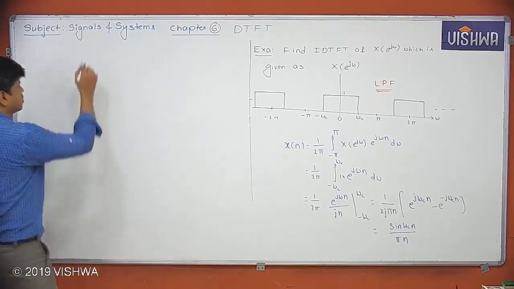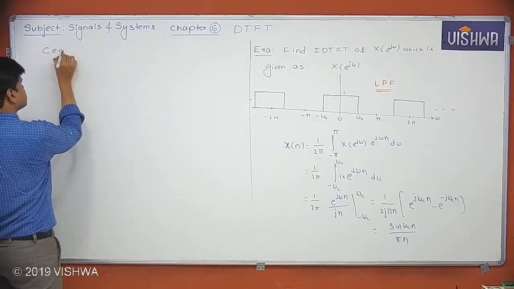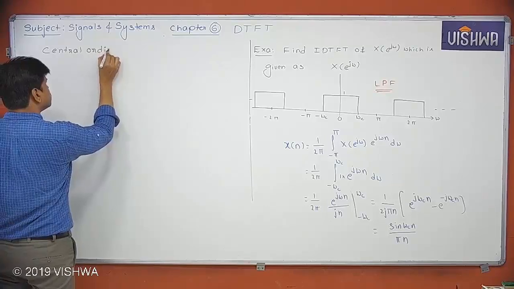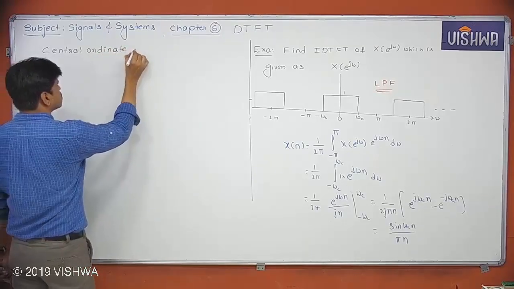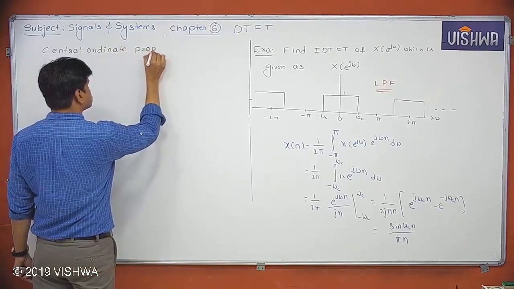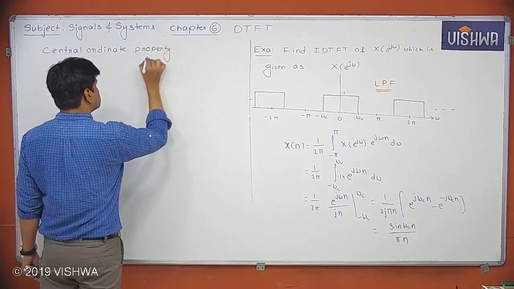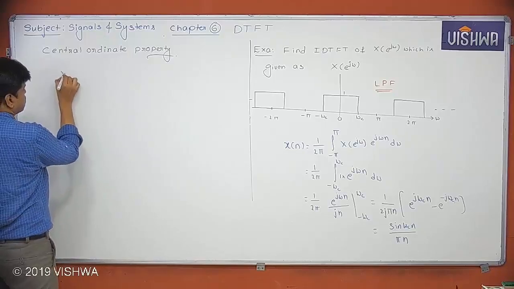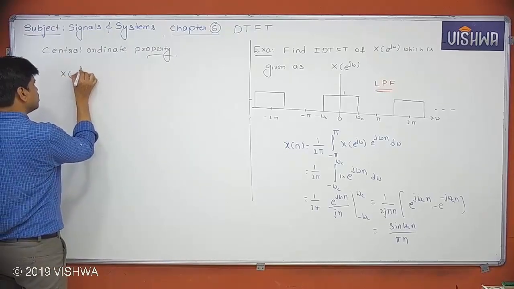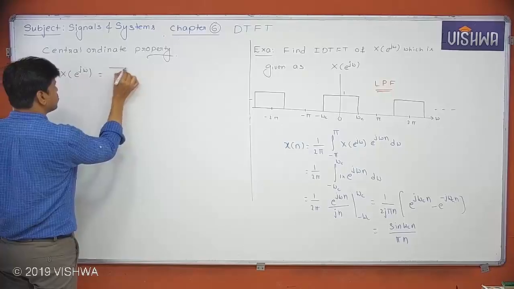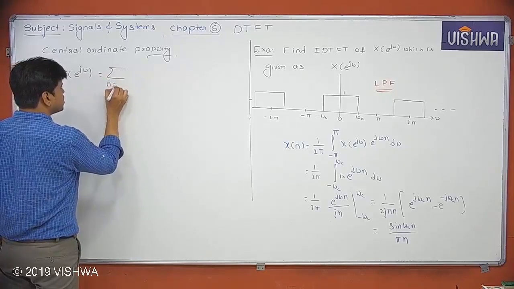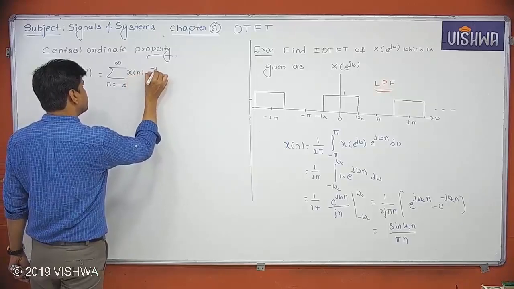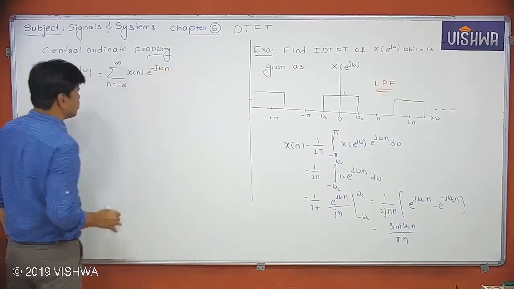Next, the central ordinate property. We know that x of e power j omega is equal to the summation from n equals minus infinity to infinity of x of n e power minus j omega n.